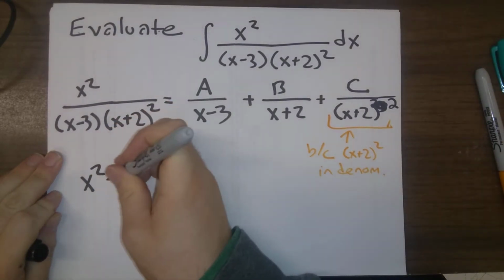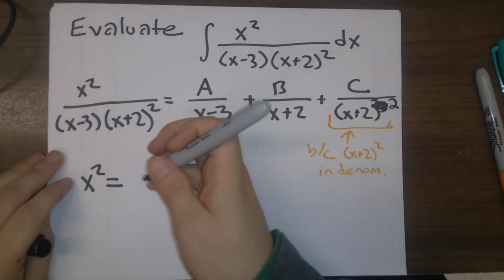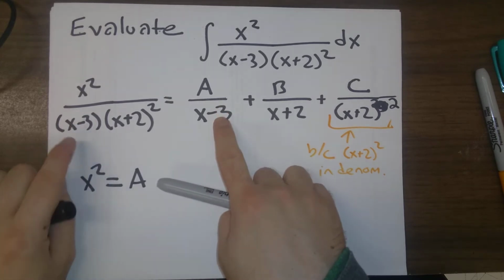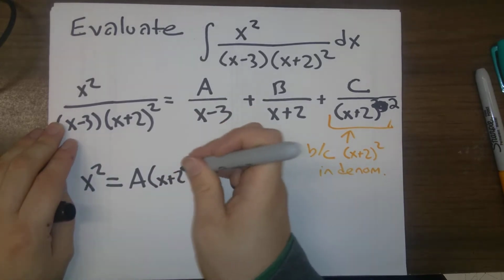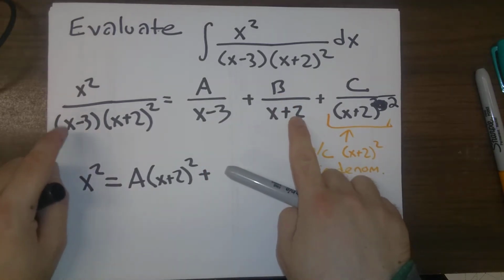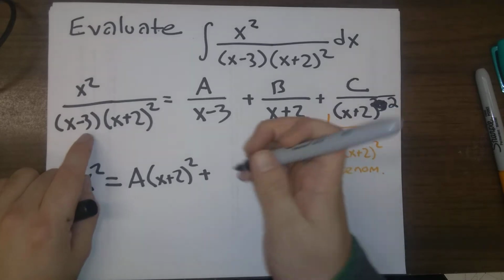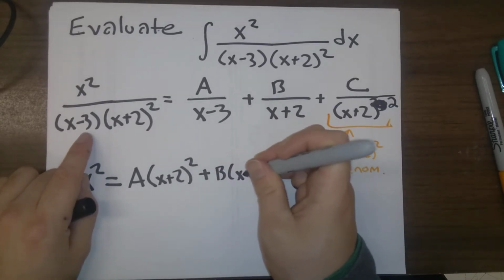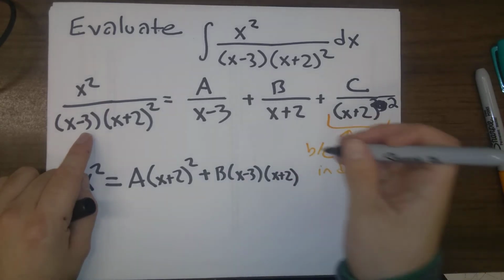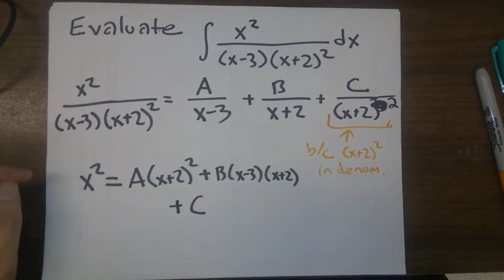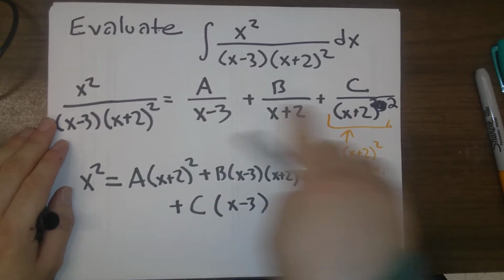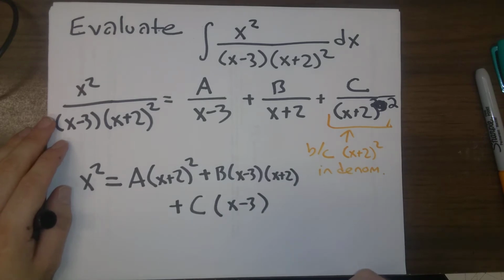And so that will give us x squared is equal to A times, so x minus 3 and x minus 3 will cancel, times (x plus 2) squared, plus B times (x minus 3), and we'll cancel out one of the factors of x plus 2, plus C times (x minus 3), and now both of the factors of x plus 2 are going to cancel out.